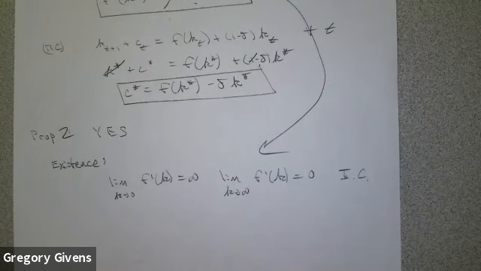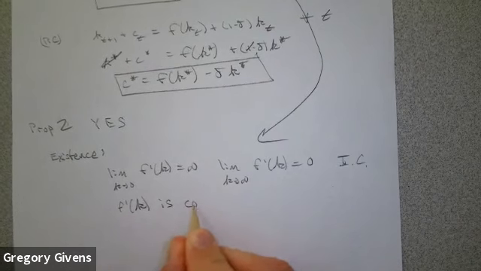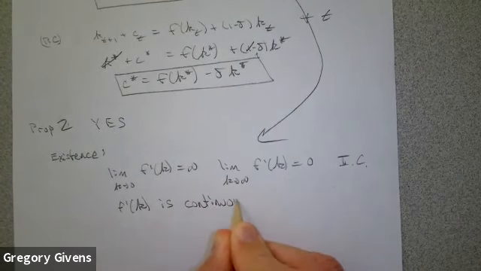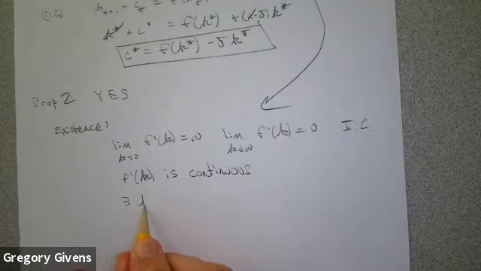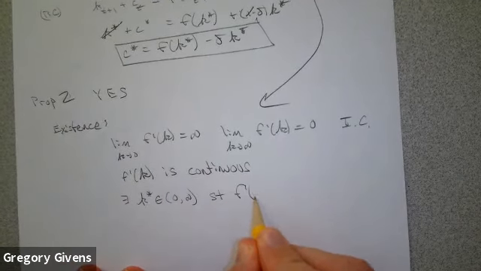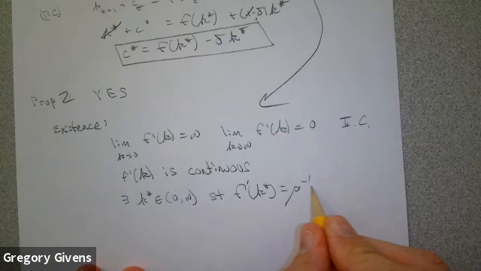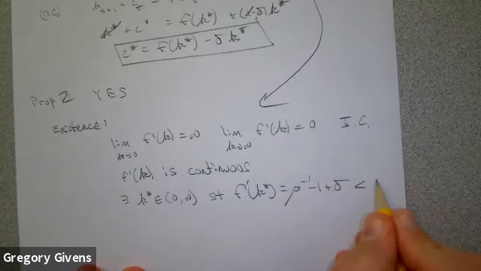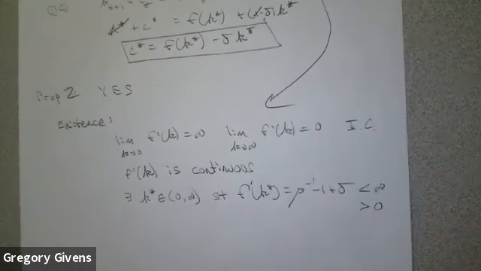F prime of k is continuous, so there exists some k star between 0 and infinity such that f prime of k star has to be equal to beta inverse minus 1 plus delta, which is bigger than 0 and less than infinity.